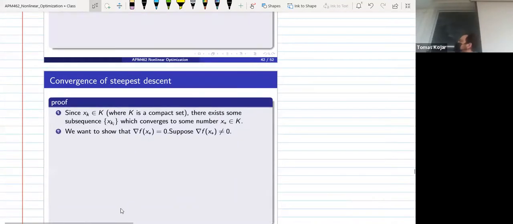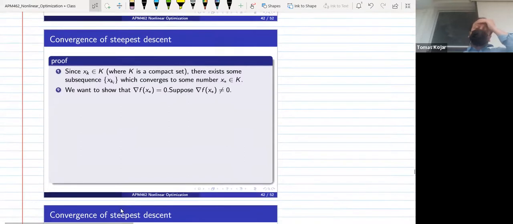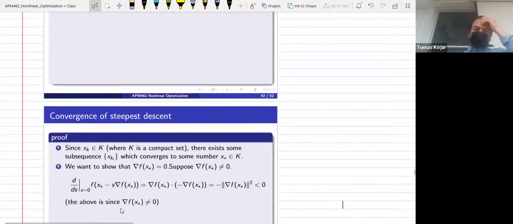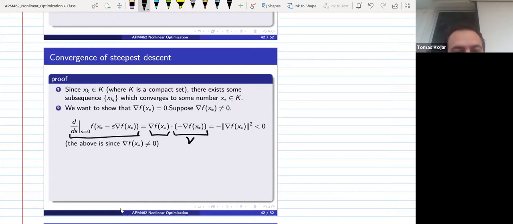Yeah, so suppose not. What happened here? We did this calculation before. The directional derivative evaluated on some vector v is equal to the gradient dot product with that vector v.